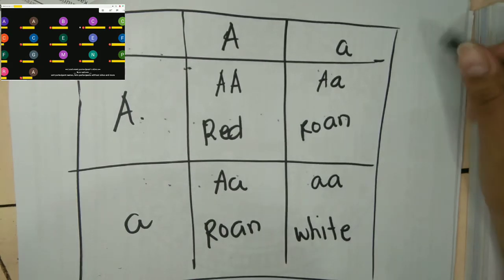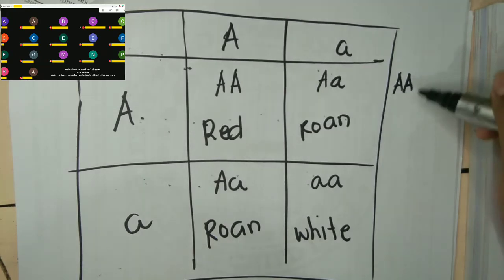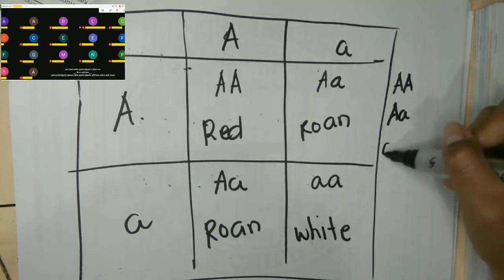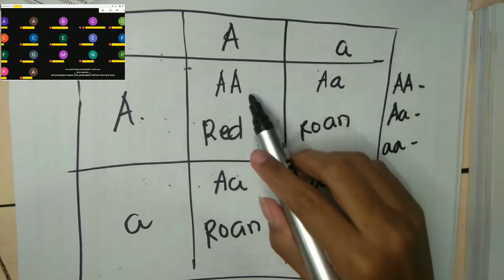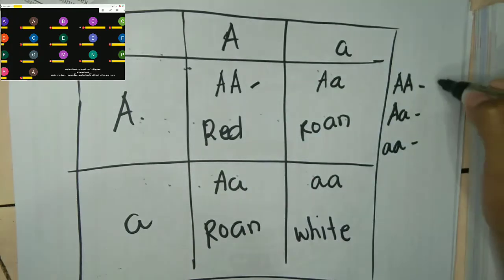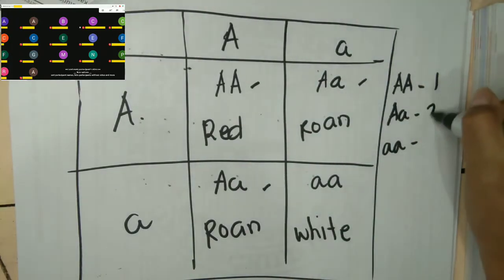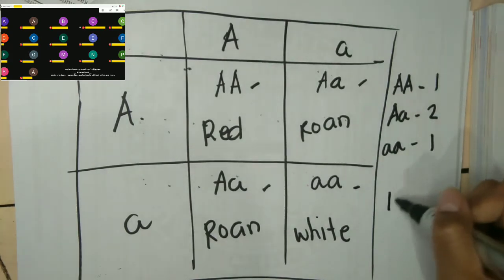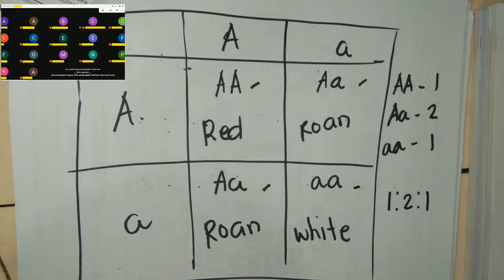So to determine the genotypic ratio, we have to tally first. We only have one red for the dominant trait. We have two heterozygous and one homozygous.